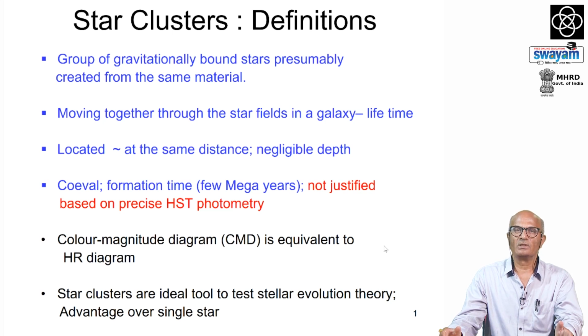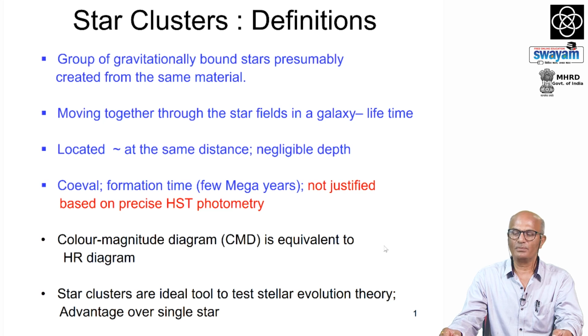Since all the members are located at the same distance, as a result their color magnitude diagram, in other words brightness versus temperature diagram, becomes equivalent to an HR diagram.